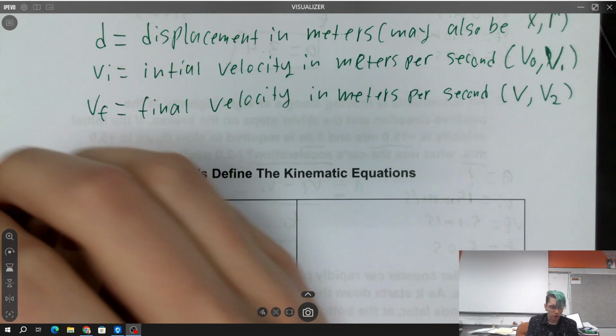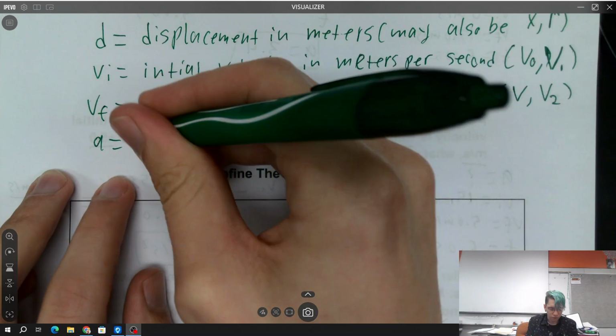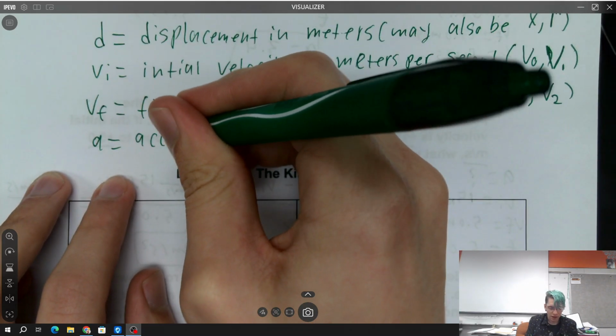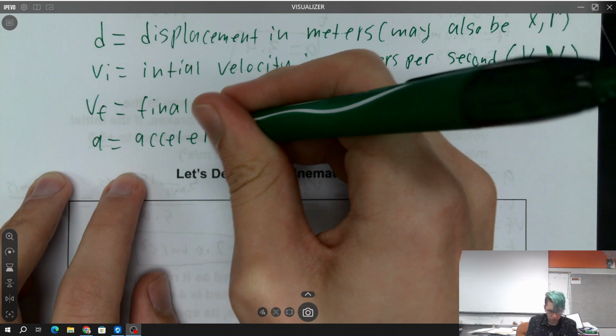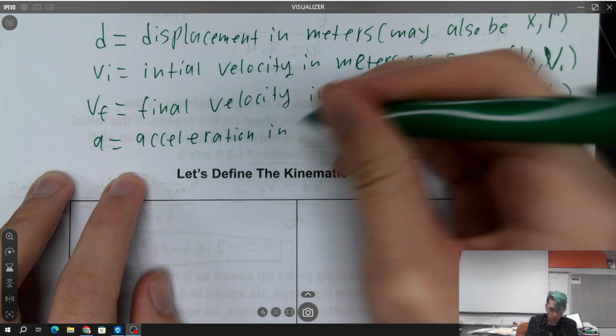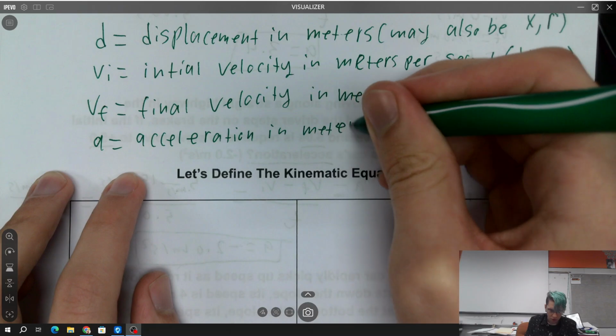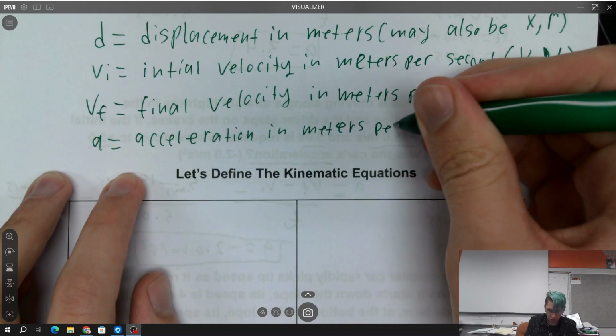Then we have our acceleration. This is once again how fast we are speeding up or slowing down. It's almost always A, and it's going to be in meters per second squared.